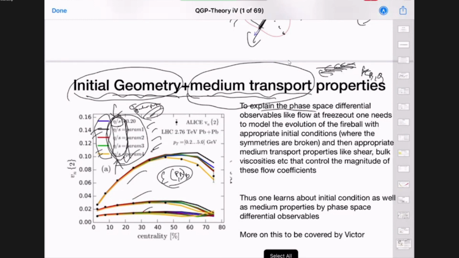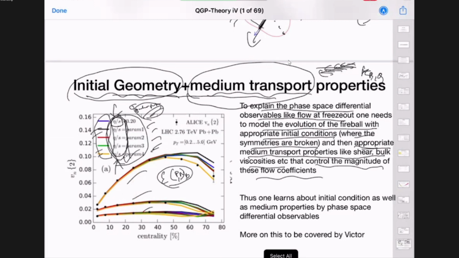To explain these phase space differential observables like flow at freeze out, one needs to model the evolution of the fireball with appropriate initial conditions where these symmetries are broken, and that is not enough. You also have to choose appropriate medium transport properties like shear and bulk viscosities that control the magnitude of these flow coefficients.